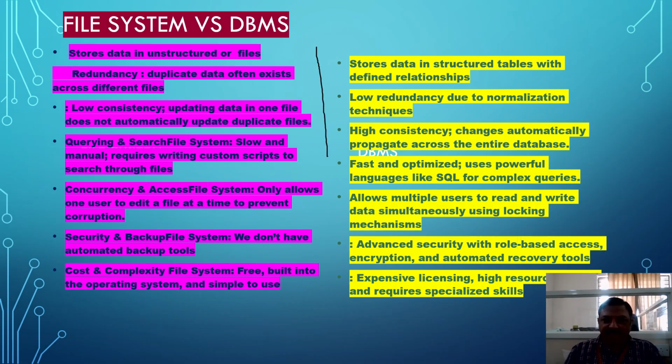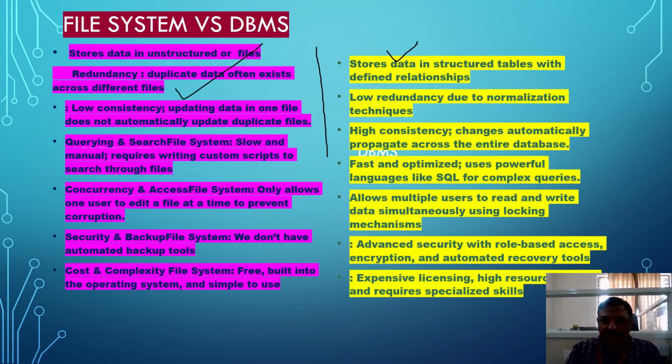In a file system, data is stored in files. In DBMS, data is stored in tables with different relationships. Okay, entity relationships are there. Redundancy: in a file system, duplicate data often exists across different files. So when one file is updated, the same data is not updated in another file. So separately you have to do this manually in a file system.